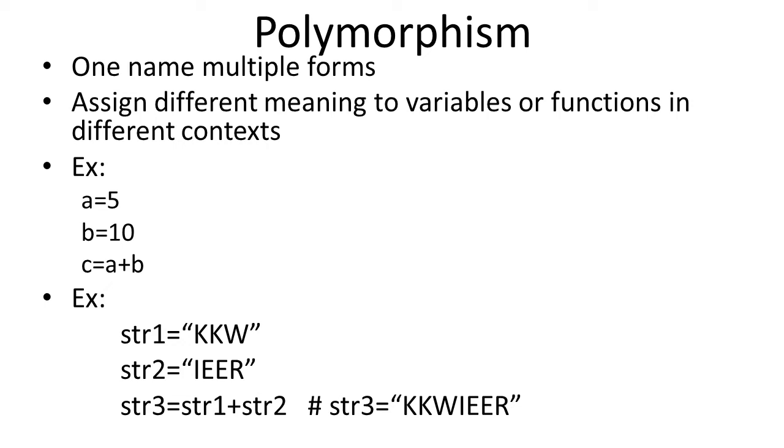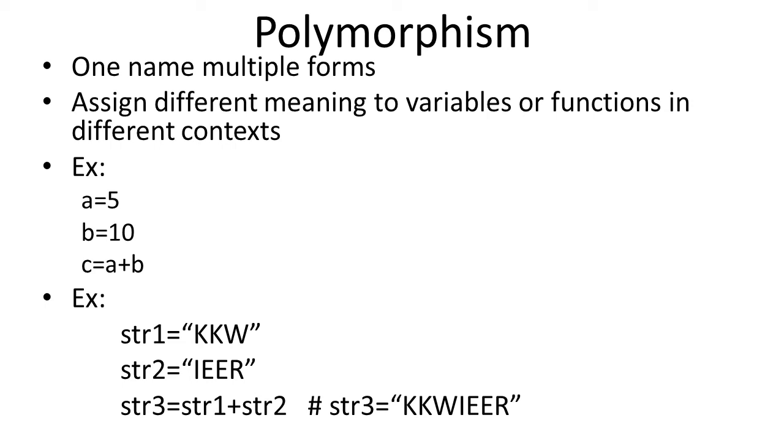In the first example, you have two variables A and B, with A having a value of 5 and B having a value of 10, and variable C stores the addition of A and B, that is 5 plus 10, so a value of 15 will be saved in variable C. Consider another example.